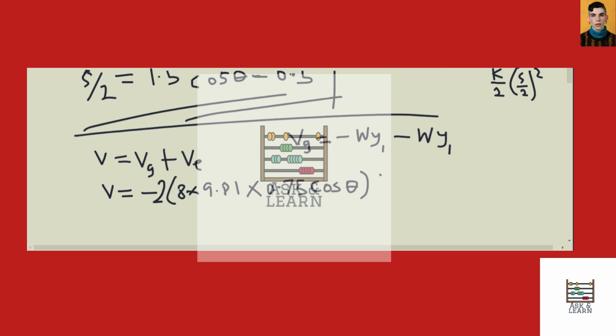Then bring in our spring. We're going to have it to be k over 2 into 1.5 cos theta, minus 0.5.